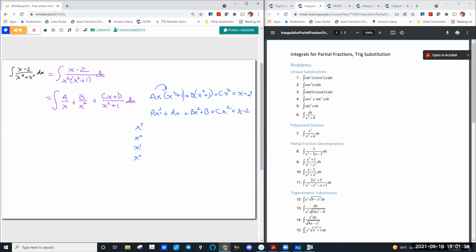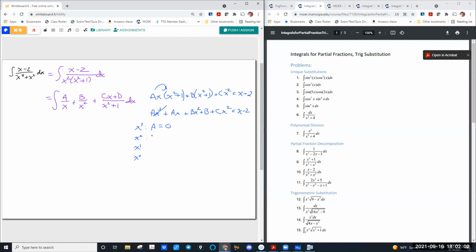So right here, this actually makes it kind of easy. A equals all the x cubes. That's the only x cubed term. There's no x cubed over here, so A equals 0. So that actually goes away really quickly, which means this term is going to be gone when we rewrite this thing. That happens. We just have to account for the possibility it might be there.